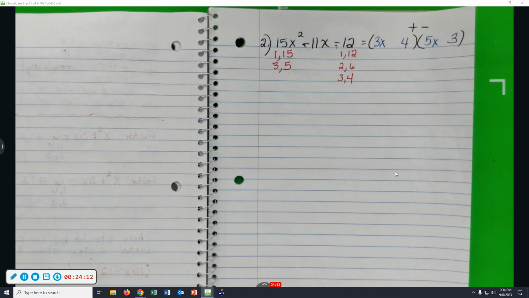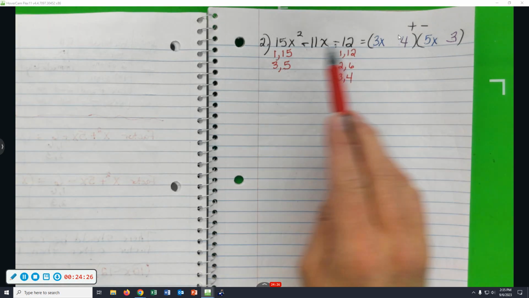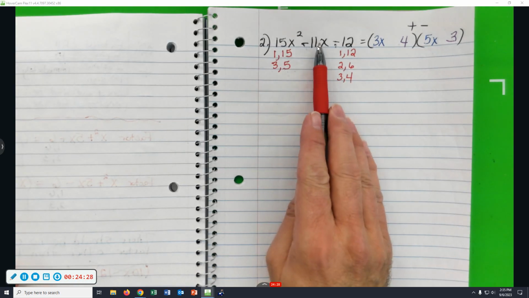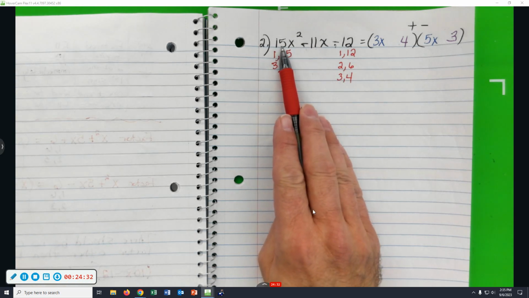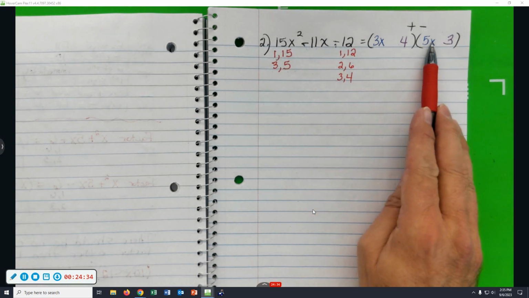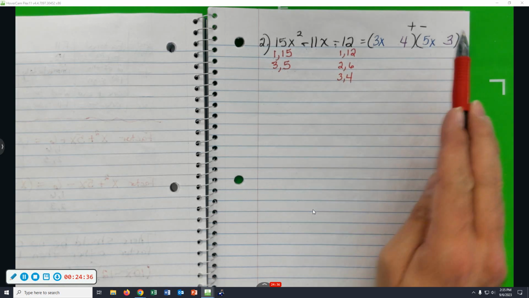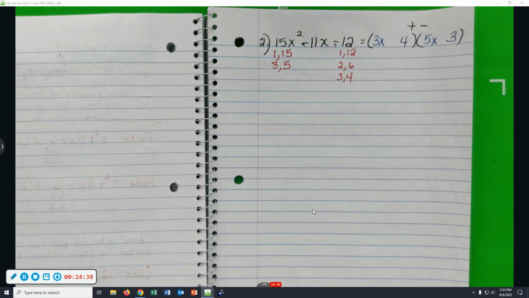I'm going to remember this. This was 1992 when the student told me this. I said, that is brilliant. I'm going to remember you. You're making it work out. You're choosing numbers so that the outer and inner will make it equal a negative 11x. And you're only using numbers that'll make the first one give you 15 and the last give 12. So that student, yes, you're making it work out.